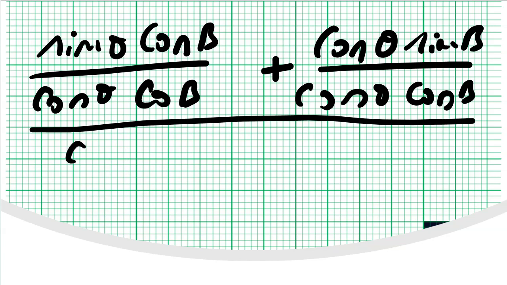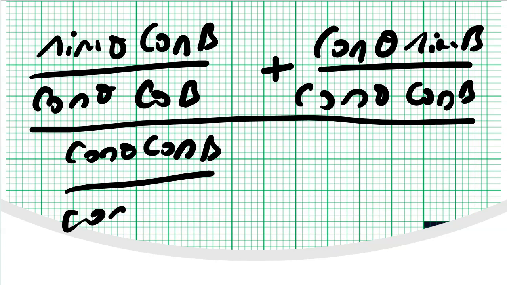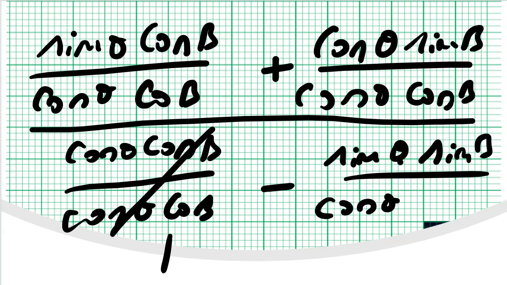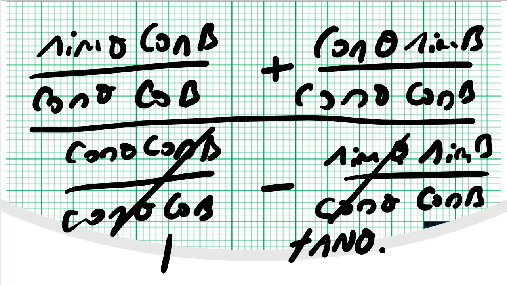Denominator, cosine theta cosine beta over cosine theta cosine beta, so this whole thing is 1, and we have a minus, and then we have sine theta and sine beta, the whole thing divided by cosine theta cosine beta. This makes tangent theta times tangent beta.